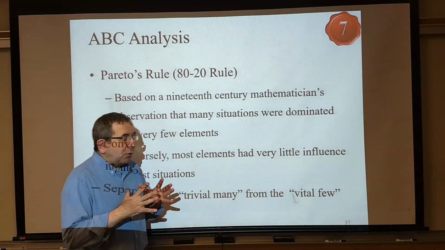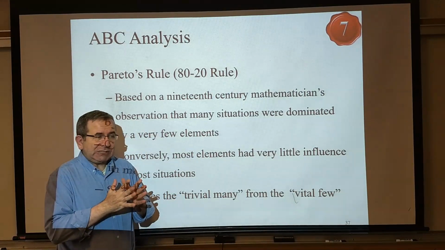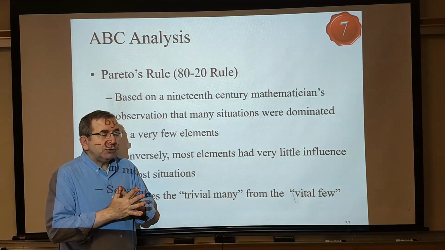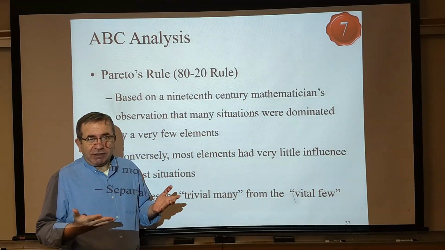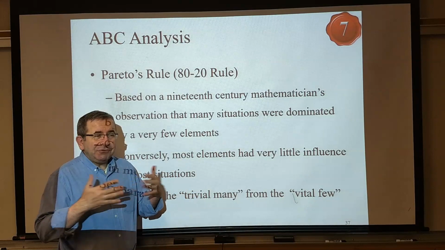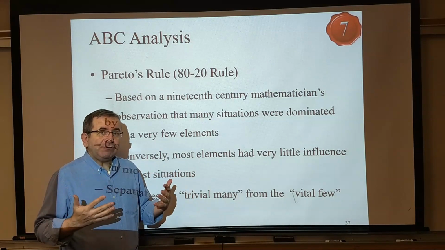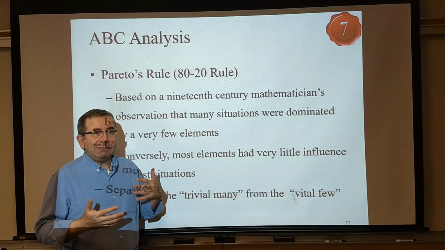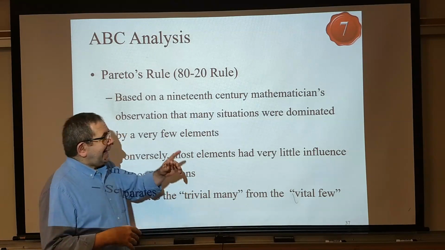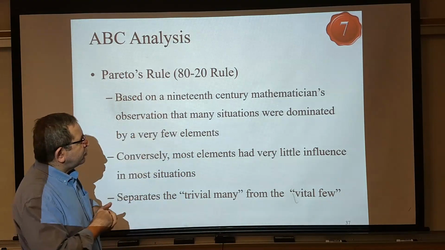Okay? So the most important SKUs, products or services that you sell, are those that generate the most revenue or profit. You may have hundreds of SKUs, many different services, but some of them will generate most of the revenue. This is also called Pareto's rule or the 80-20 rule.